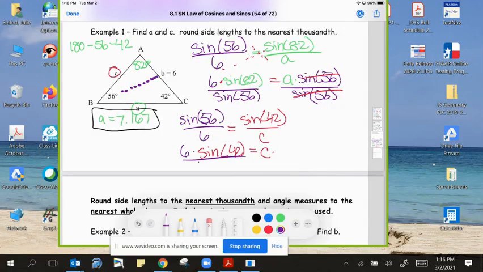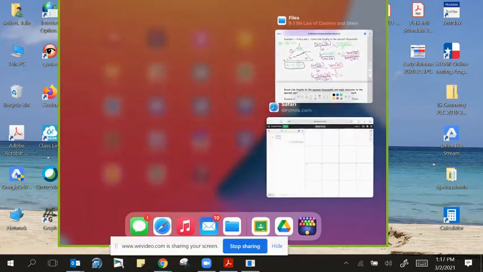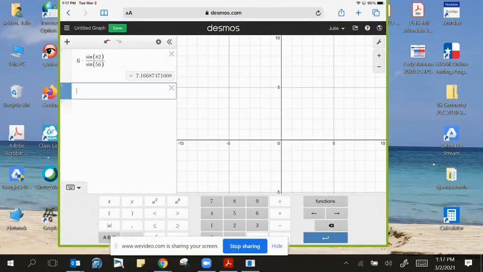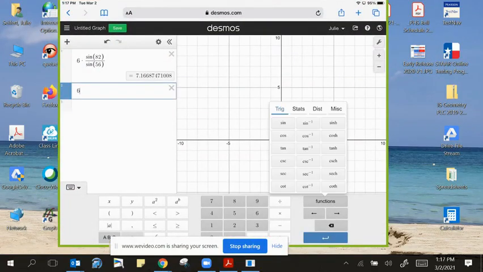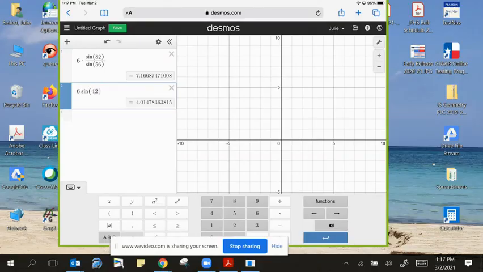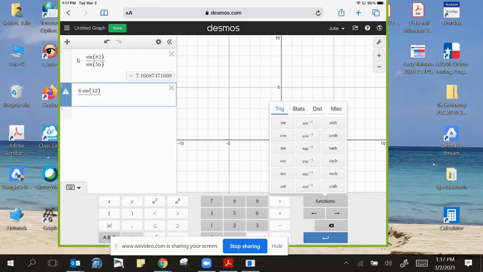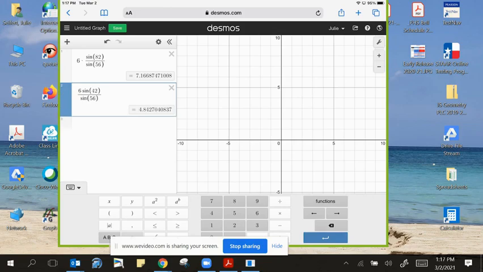So we'll end up dividing by that sine 56, and we can calculate what side C is equal to. 6 times sine of 42 over sine of 56. So 6 times sine of 42, all that over sine of 56.